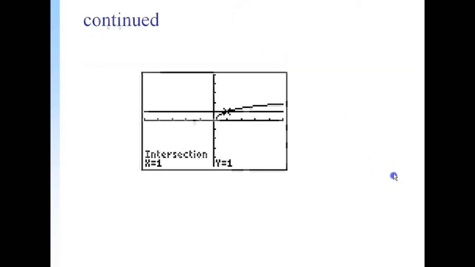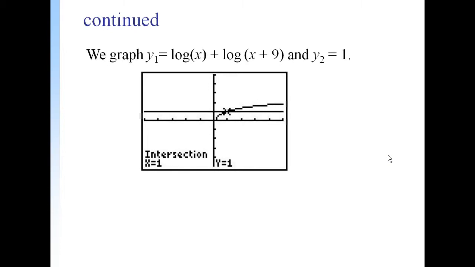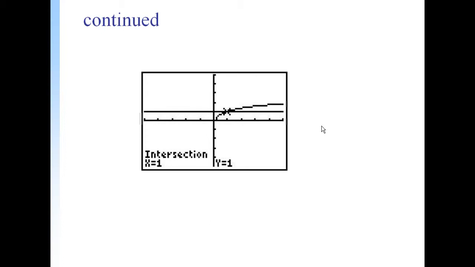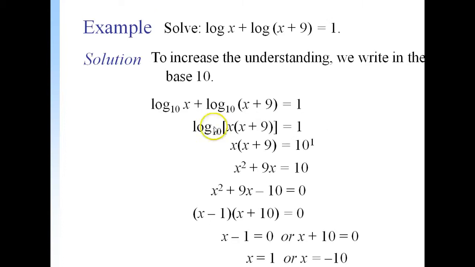Now, notice when we do our work here, we only get one answer, because there is a problem. There's only one point of intersection at 1, 1. So I'm going to go back, actually. I want to show you this.